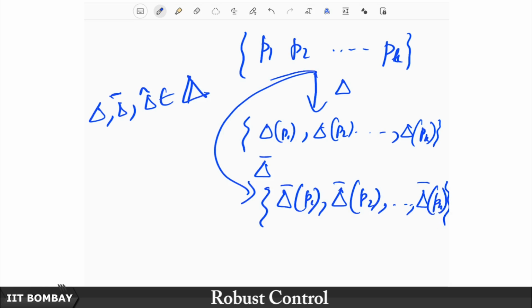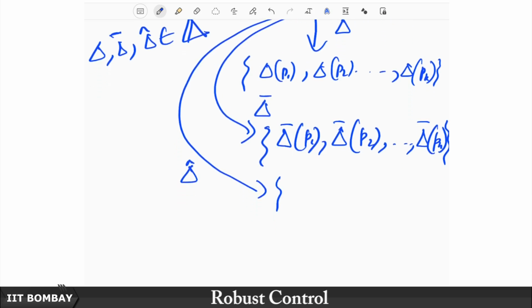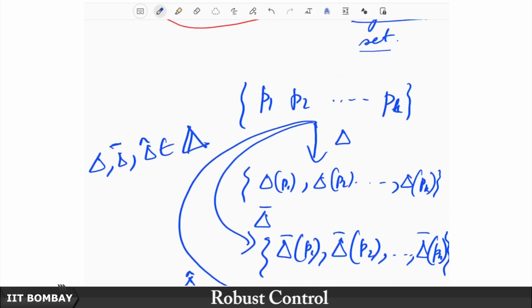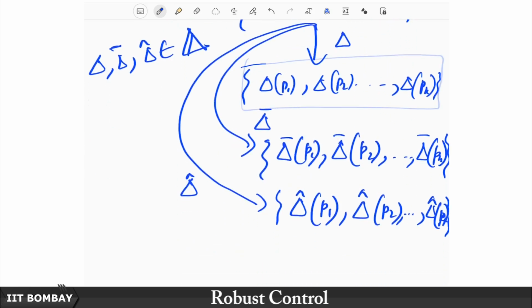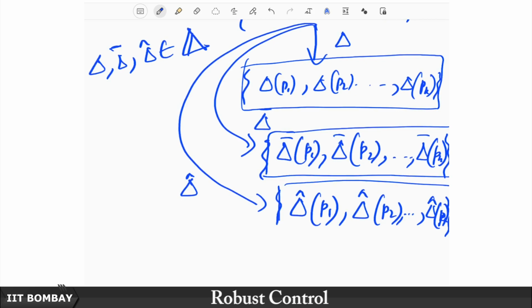Similarly, when these are acted upon by delta hat, let us say, so I am just taking 3 elements for the timing, there can be an infinite number of elements in big delta, right. So, this will give you delta hat P1, delta hat P2 and delta hat Pk. Now, remember each of these is a linear map, right, this delta, delta bar and delta hat, these are all linear maps.